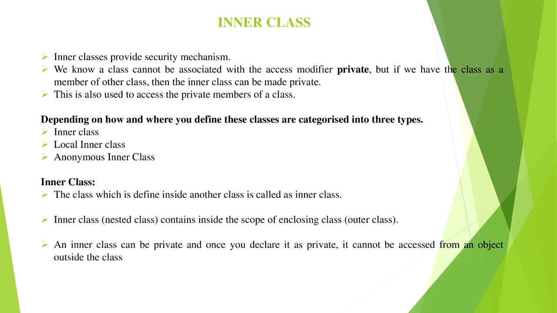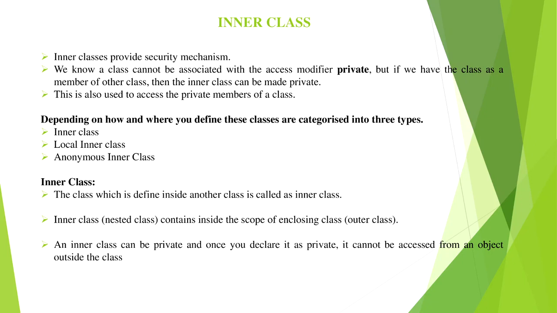Depending on how and where you define them, these classes are categorized into three different types: the inner class, local inner class, and anonymous inner class. Inner class has a very simple definition: the class which is defined inside another class is called the inner class. This means the inner class is completely embedded within the outer class.